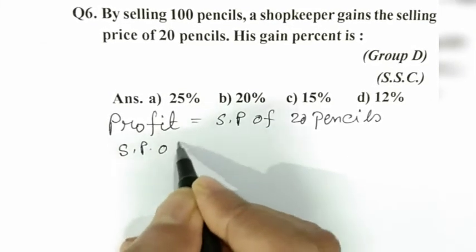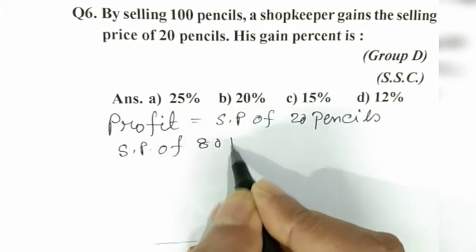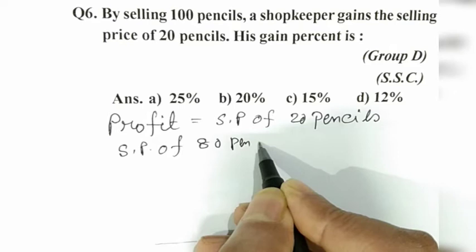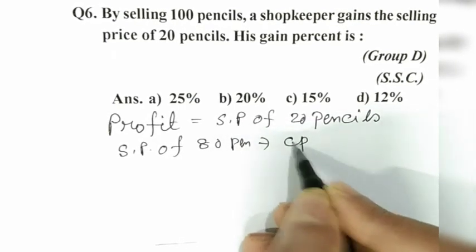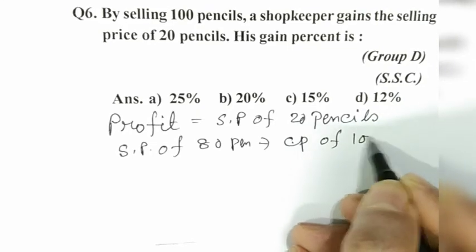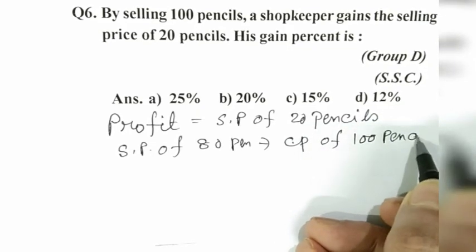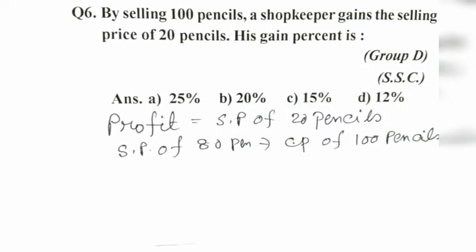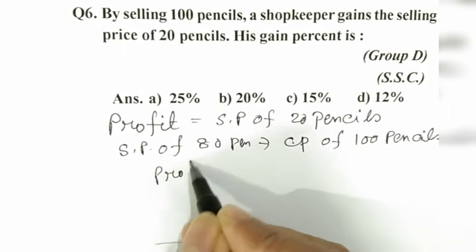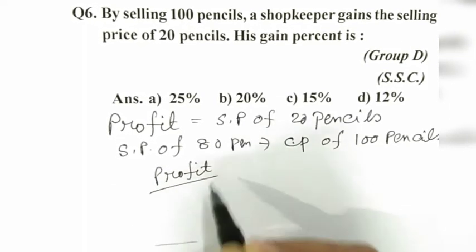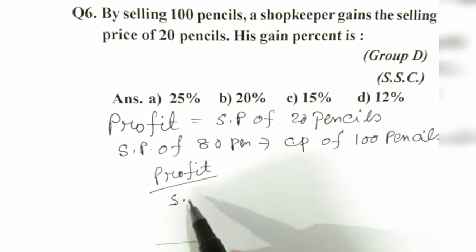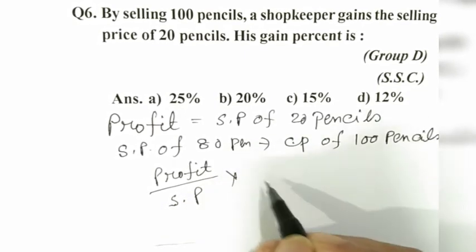selling price of 80 pencils equal to cost price of 100 pencils. In this type where rupees is not mentioned, the shortcut trick is that the gain percent is profit by selling price, not cost price, into 100%.